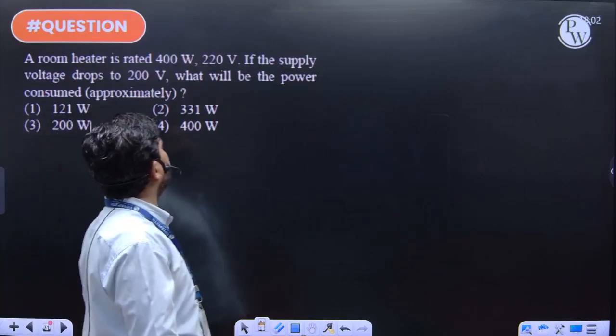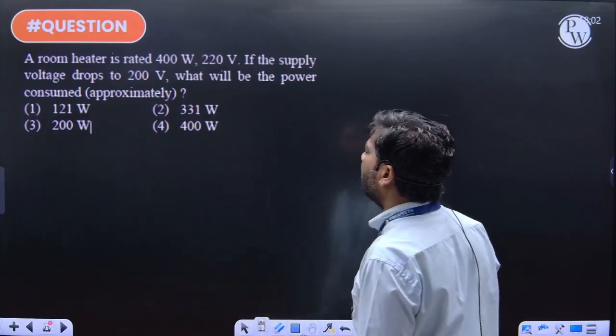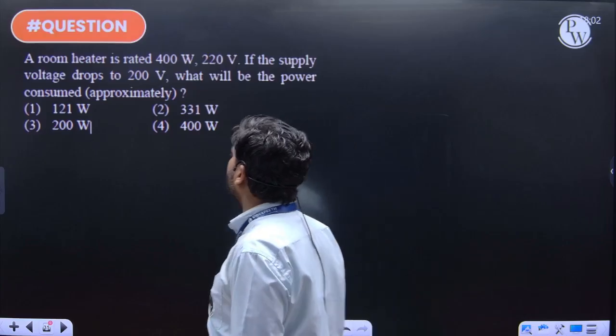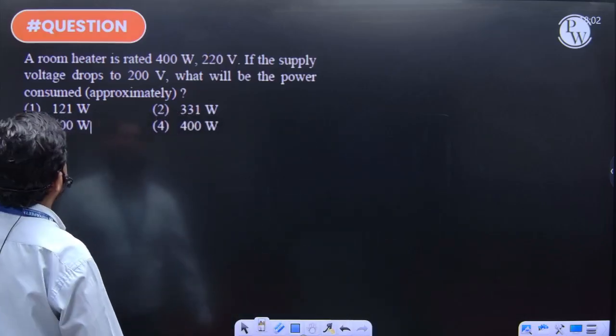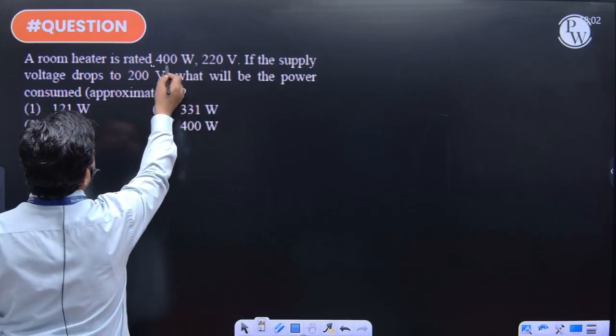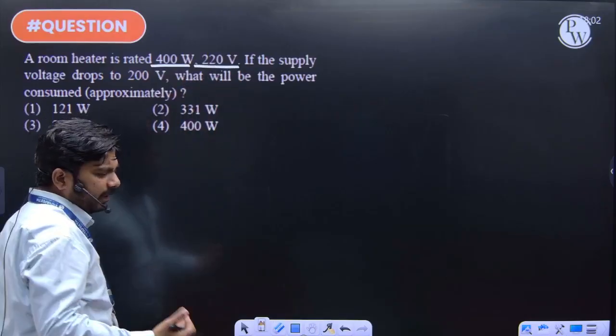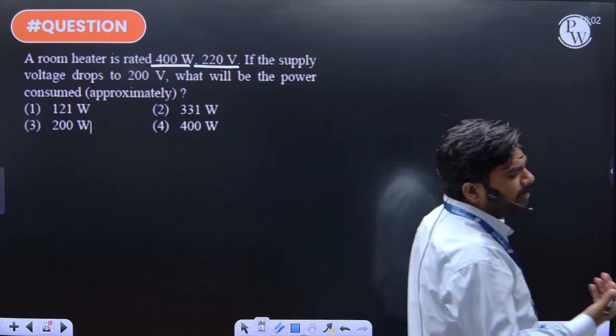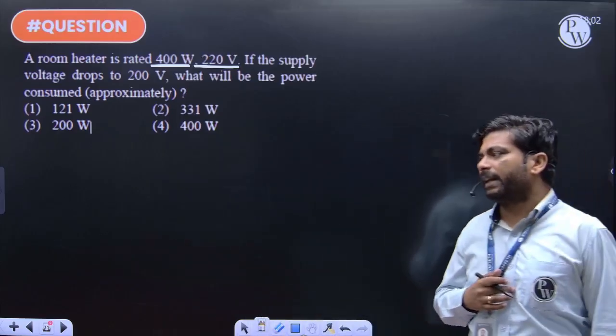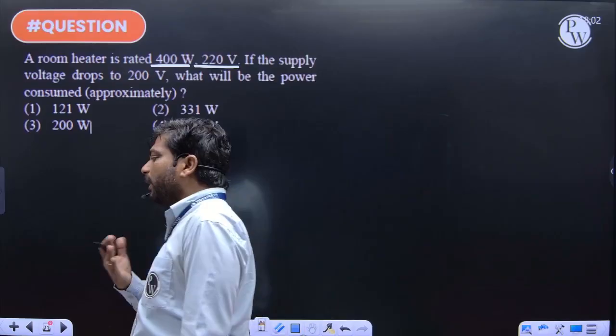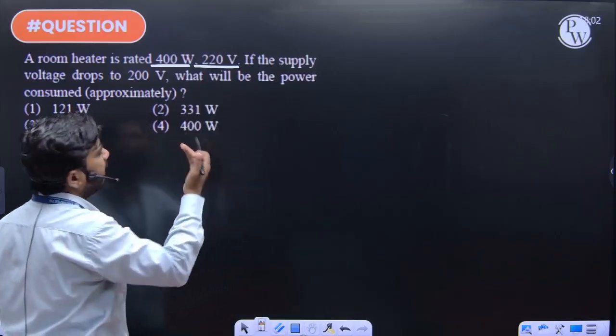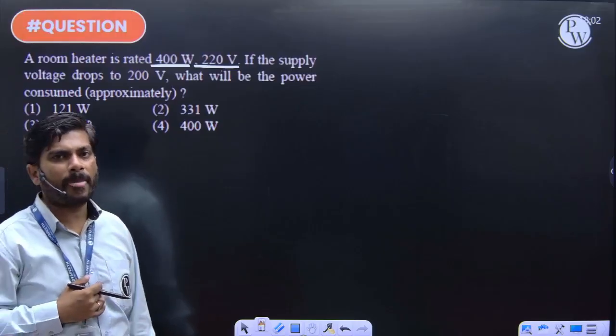A room heater is rated 400 watt, 220 volt. If the supply voltage drops to 200 volt, what will be the power consumed? A room heater is rated with the help of rated voltage and rated power. With the help of rated power, what is going to be constant? Do you think voltage is always constant? No. Current is always constant?